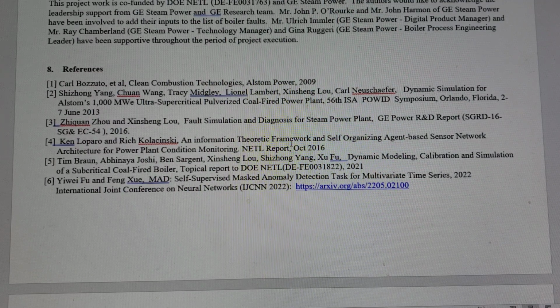We from Steam Power did similar work by providing simulation data, different fault simulations, but with a different method. We classify sensor, actuator, and process faults, and send the data to CWRU, and they use the self-organized agent-based sensor network to do fault detection and diagnosis.